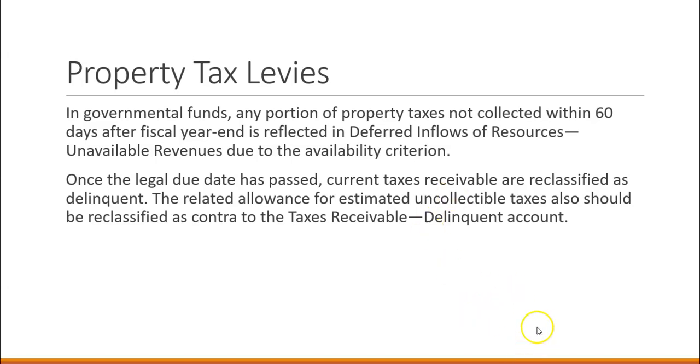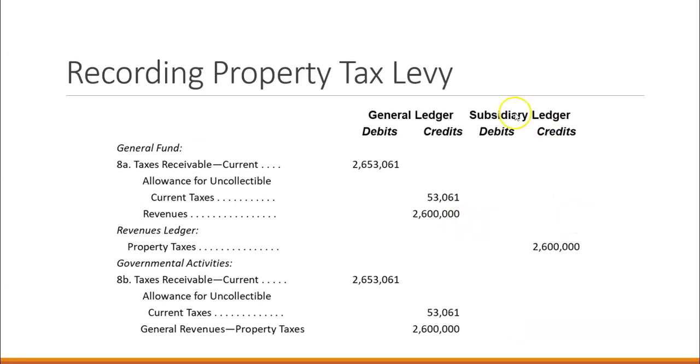You'll see that the treatment of taxes receivable is fairly similar to most accounts receivable transactions. So we have this example where we're recording our property tax levy. We have our taxes receivable and then our allowance for uncollectible current taxes.